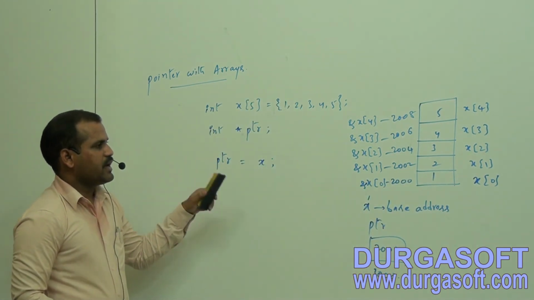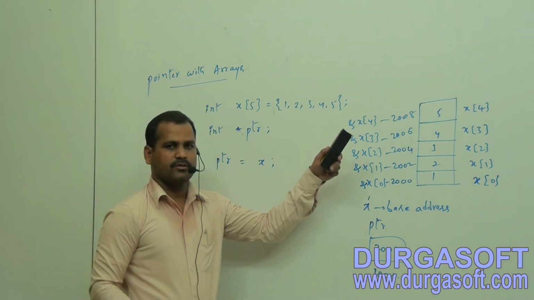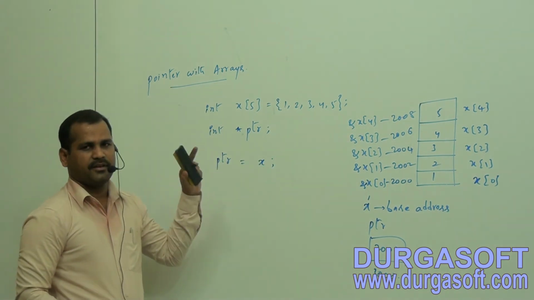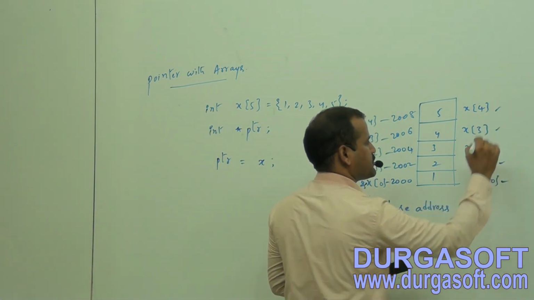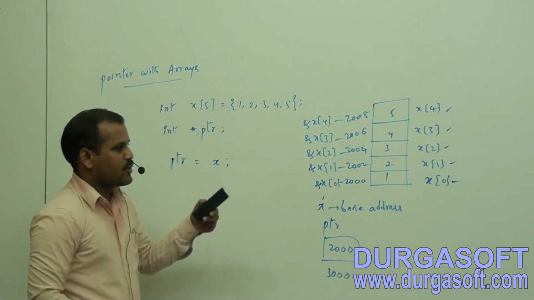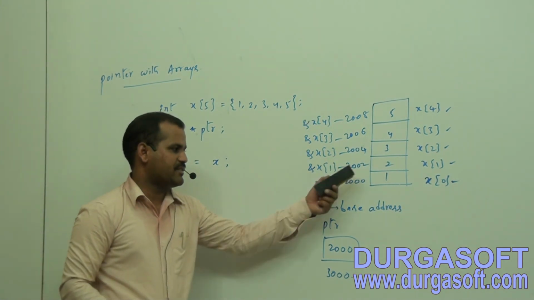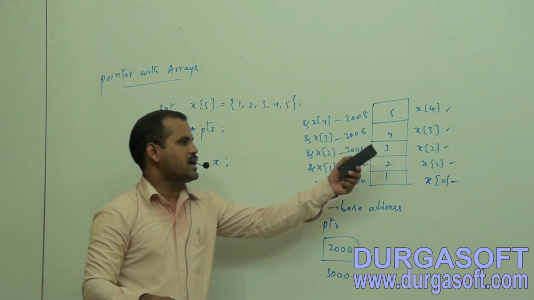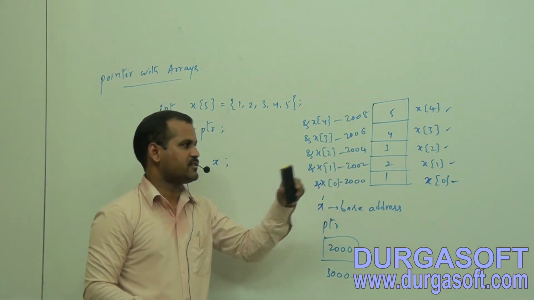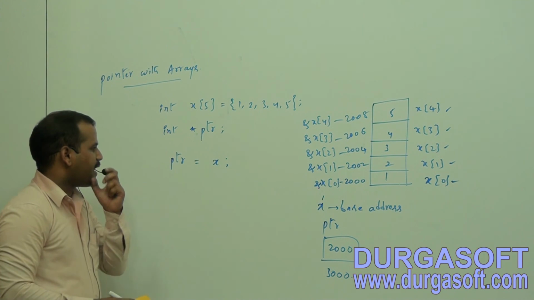Now how to access different values by using this pointer, let us see. By using these element names we can access the values, and we are storing this array base address in the pointer. Now by using pointer, how to access all these individual elements? Let us see with the help of one example program.